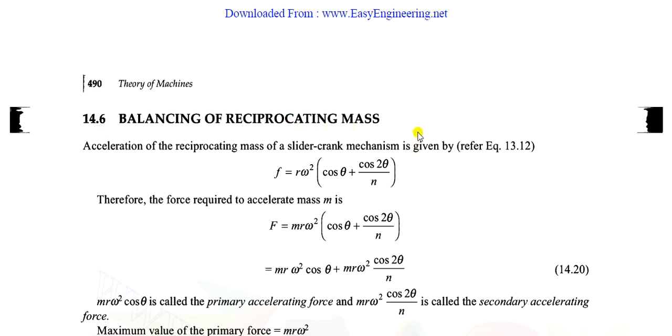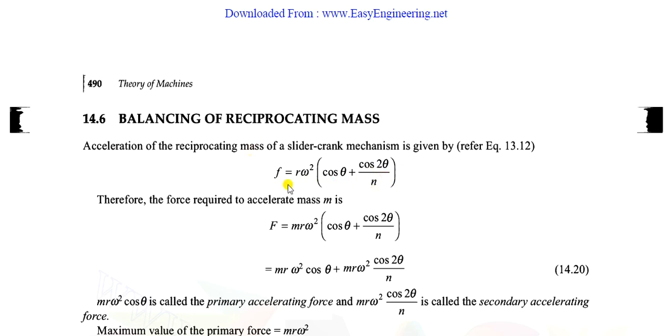Now, not rotating but reciprocating. For example, in an IC engine, the piston is a reciprocating part. We know that in unit 4 we derived the acceleration of the reciprocating mass, or piston. If you remember, the acceleration, call it f or a, was r omega square into (cos theta plus cos 2 theta by n).